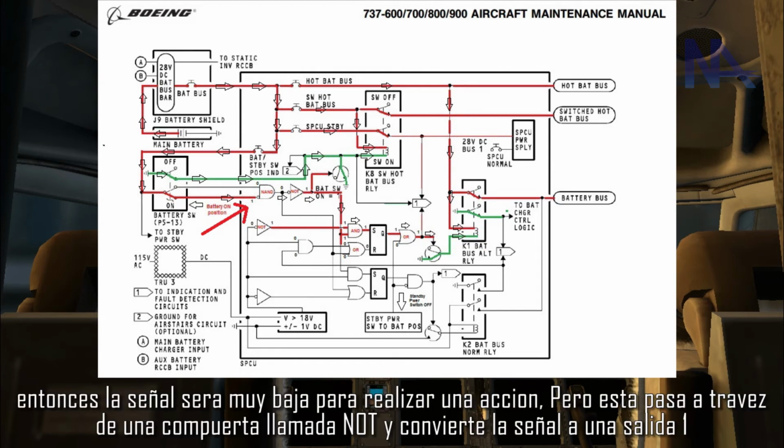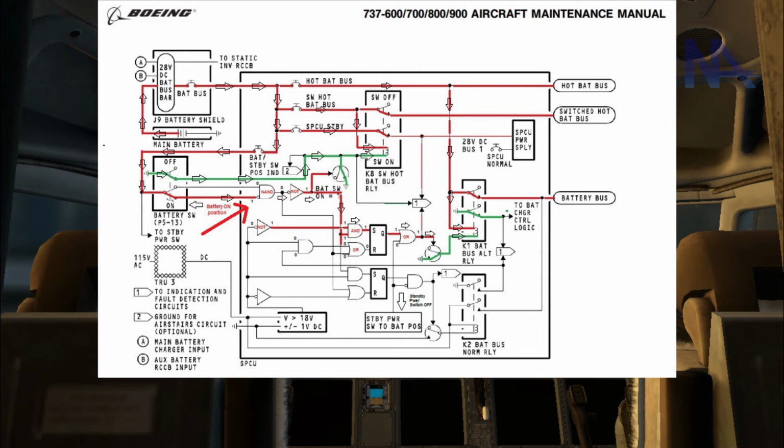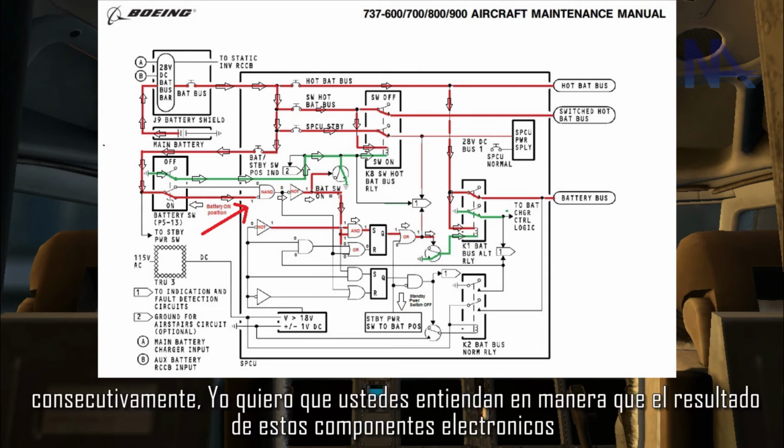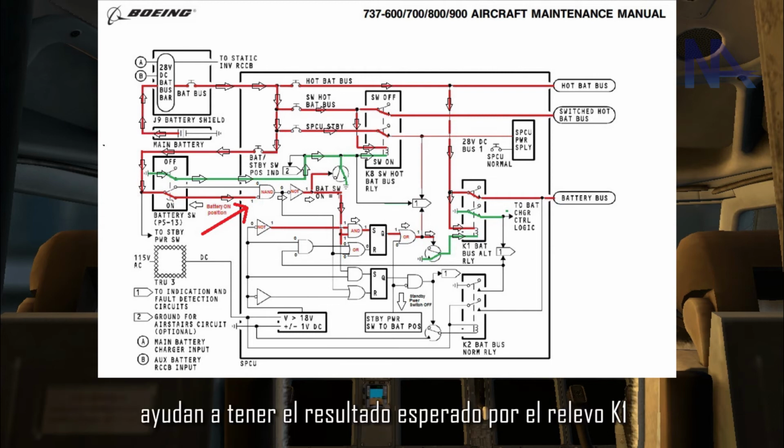So the signal is going to be very low to make an action, but it passes through another logic gate called NAND. It converts the signal to an output 1. I want you to understand that the result of these electronic components has to be the expected result for the K1 relay.